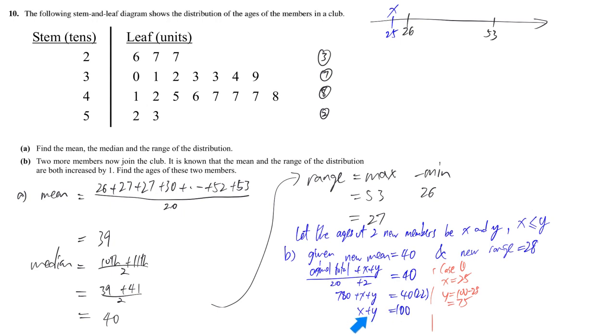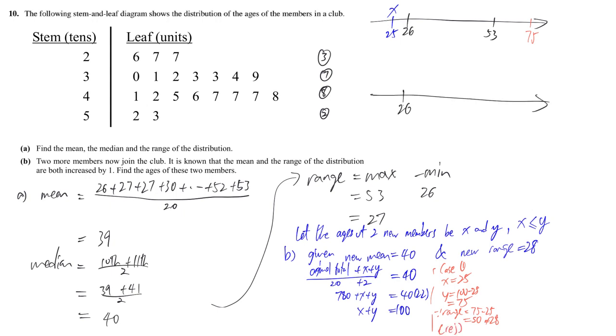Together with the relation between x and y, if x is 25, then y will be the rest, 75. 75 is somewhere here. It greatly increases the range. The range is 75 minus 25, which becomes 50, not 28, so this is rejected.